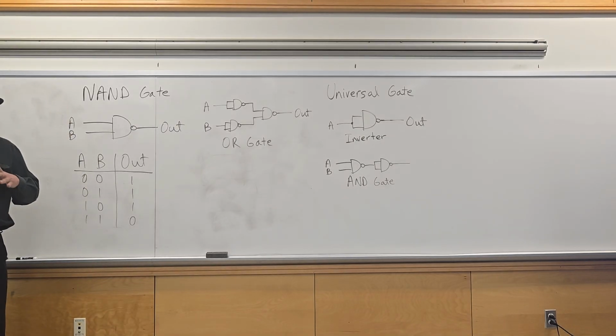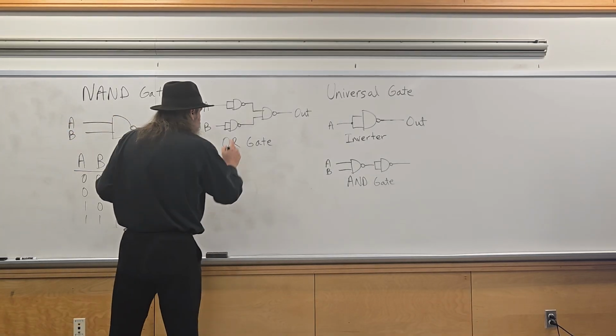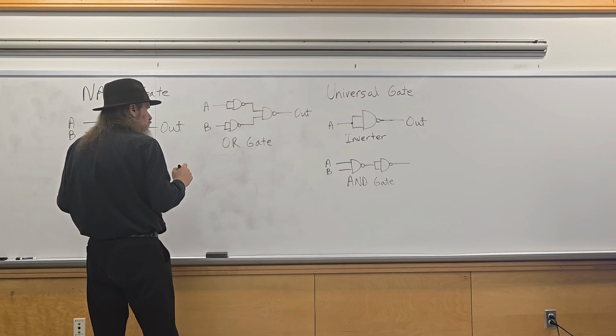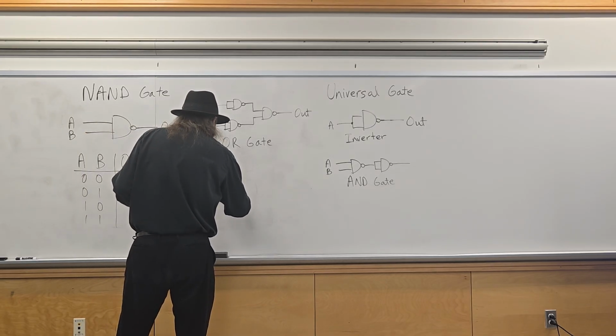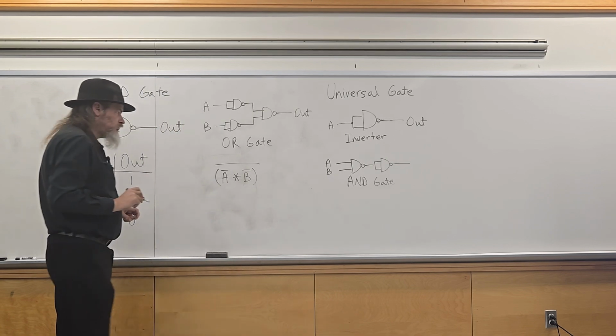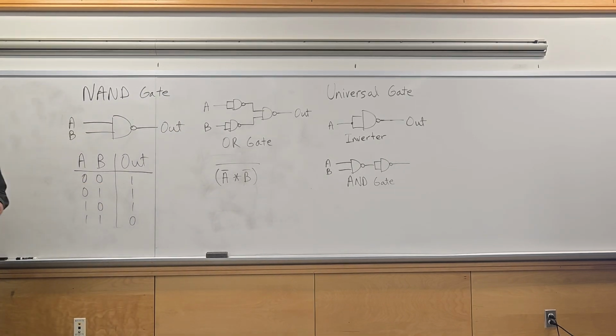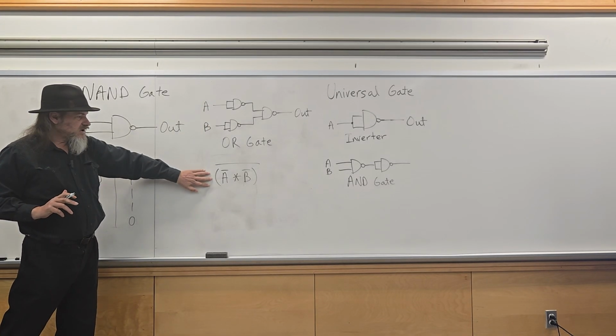Now you can see that this works out by doing the Boolean expression for this, which is A and B with a bar over it all, right? That's how you would express this diagram in a Boolean expression.